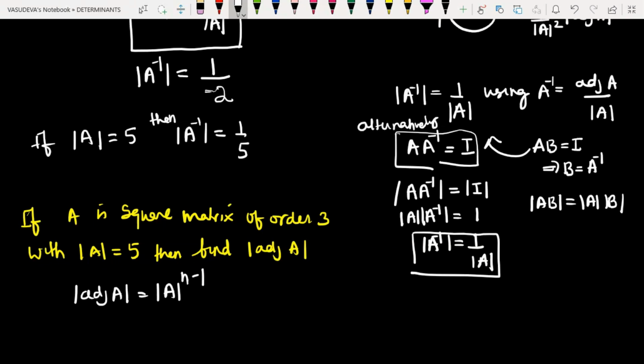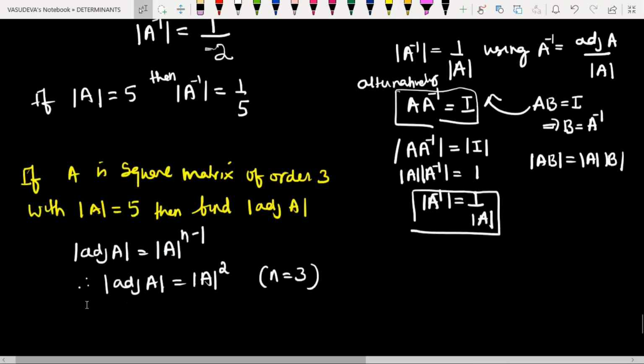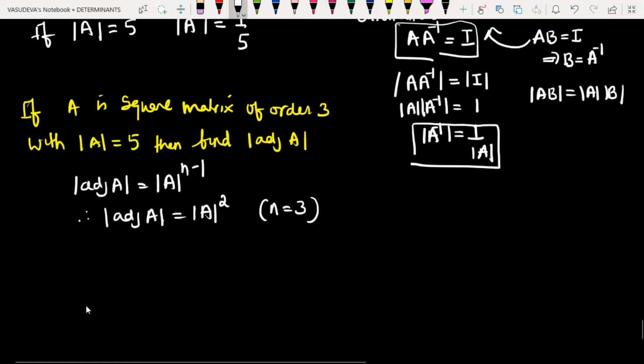Here n is 3, therefore determinant of adjoint of A is equal to determinant of A to the power of 2, because n is equal to 3. Determinant of A is 5, therefore this is 5 square, which is equal to 25.